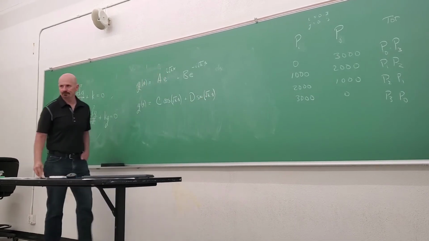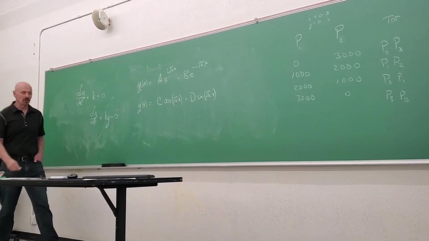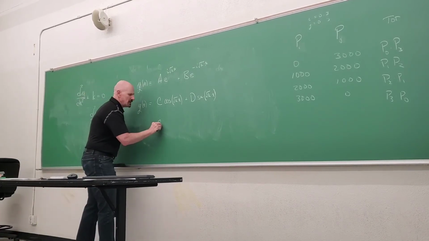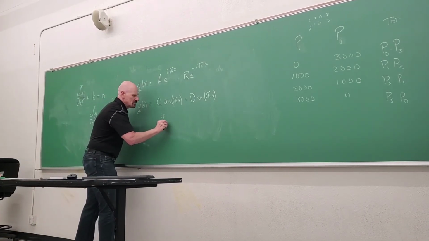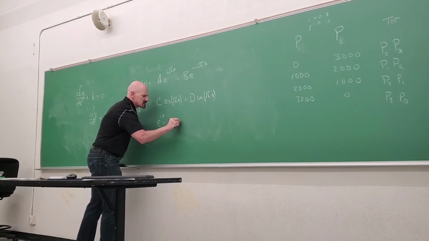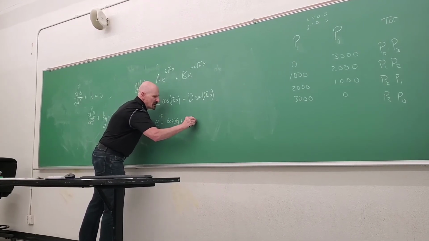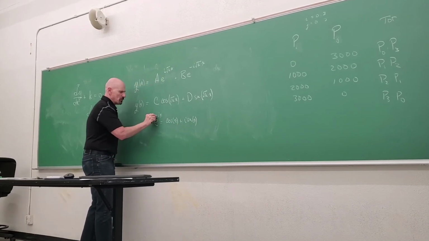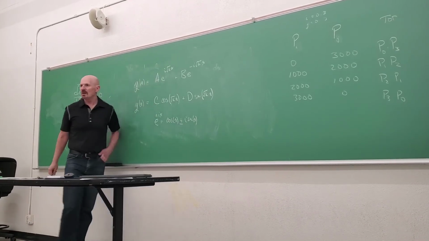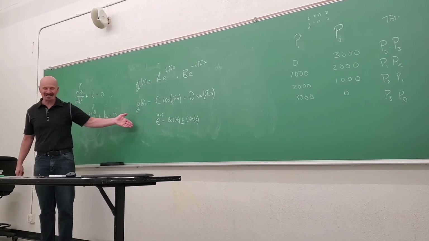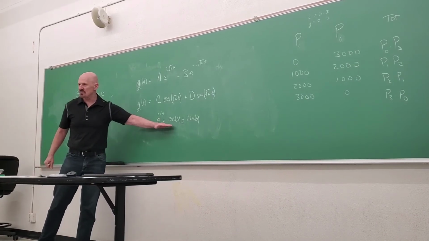Okay? Both are equivalent because if you recall, e to the ix is cosine x plus or minus i sine x. That's Euler's relationship that ties together the trigonometric functions sine and cosine to a complex exponent.